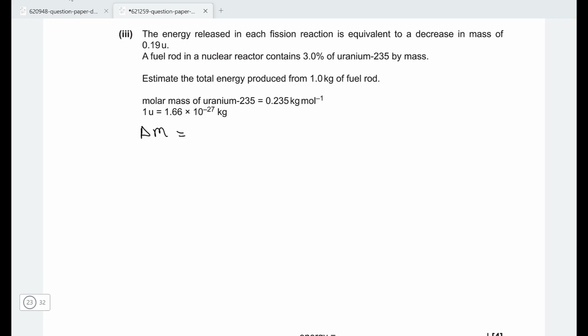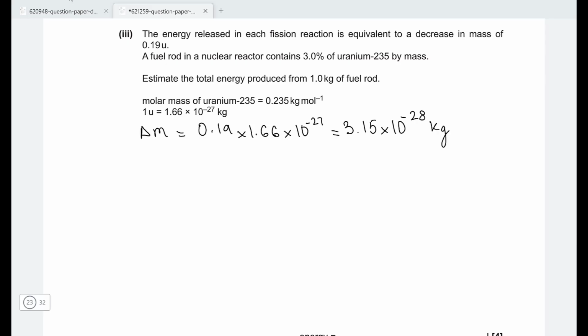The value for this is given in the question, and that's going to be 0.19 times 1.66 times 10 to the power of minus 27 kilograms. And when we multiply those together, we're going to get 3.15 multiplied by 10 to the power of minus 28 kilograms.